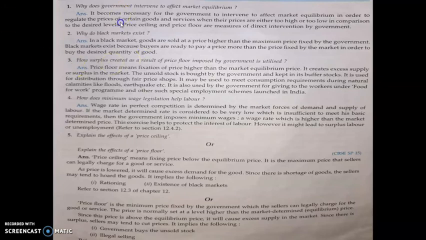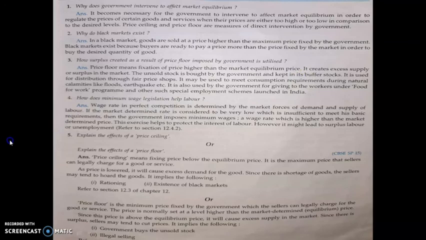Then the third question, how is the surplus created as a result of price floor imposed by government utilized? So what is the implication of price floor? Price floor means fixation of price higher than the market equilibrium price. It creates excess supply or surplus in the market. So unsold stock is bought by the government and kept in buffer stock.